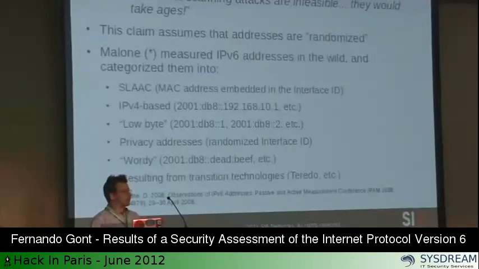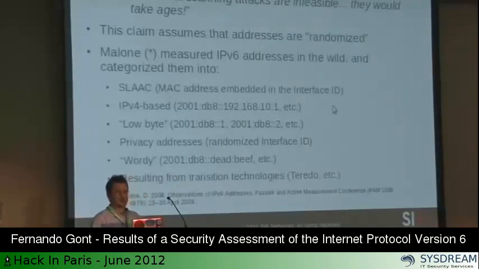So this guy came up with these categories for the addresses. The first one is SLAAC, or addresses that embed the MAC address of the network interface card. Then there's another category that is IPv4-based addresses.